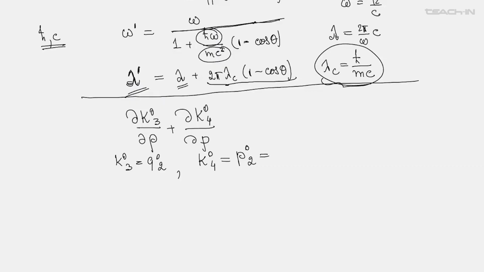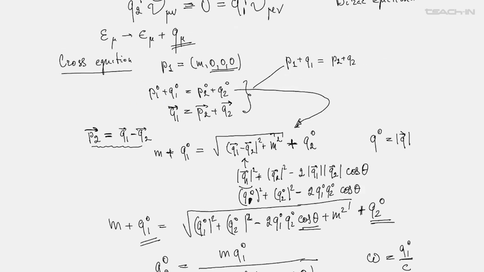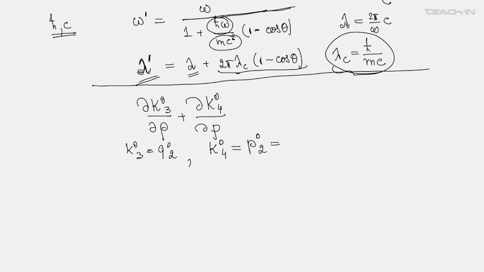P20 is P10, which is M, plus Q10 minus Q20. So according to the conservation law, this is mass plus Q10 minus Q20. And rho here, the quantity over which we differentiate, if you go back to our construction of the Lorentz invariant phase space, is K3 modulus.